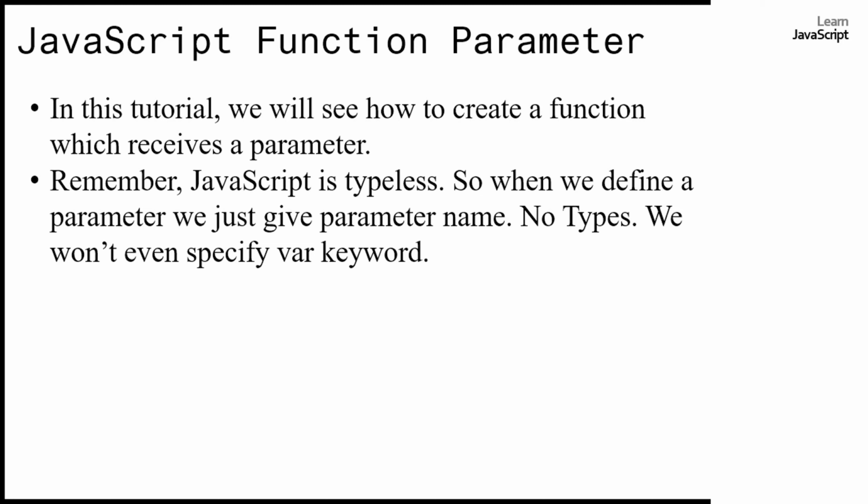Usually in high-level languages like C# and Java, we specify a parameter name, and before that parameter name we specify the type of the parameter. Since JavaScript is typeless, we don't need any type, so we just define the parameter name. We won't even specify the var keyword.